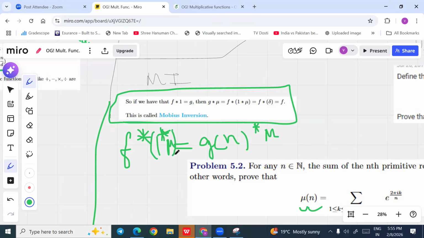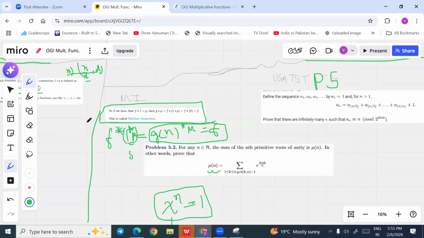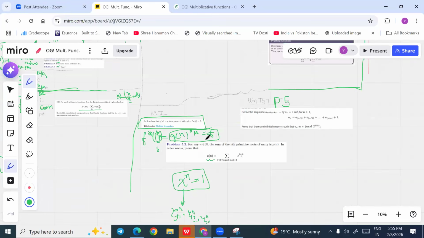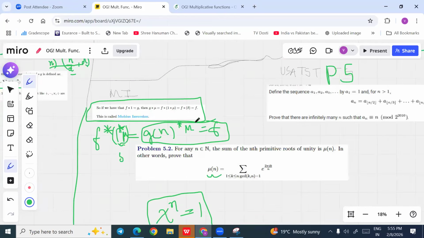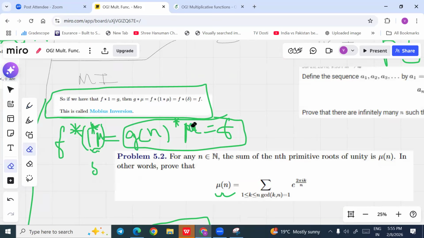So you just put brackets over here, and you know 1 cross mu is the Dirichlet delta, and f cross Dirichlet delta is f only. So you just get that f is g cross mu. Is this clear? This technique is called Mobius inversion, and it also kills a lot of problems directly.